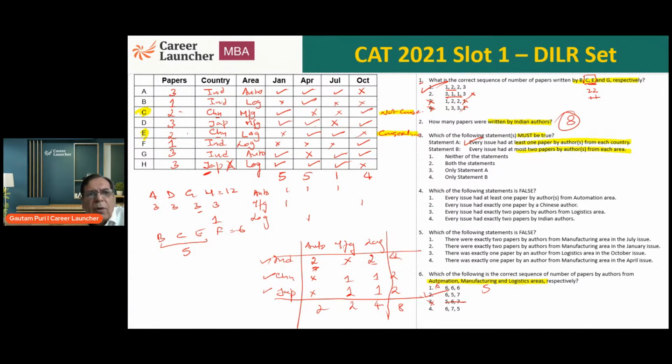A, B, C. What about D? Manufacturing, January, April, October. Then E, nothing in January. There's logistics, but the remaining 3. Nothing in January, but 1, 1, 1. Okay.